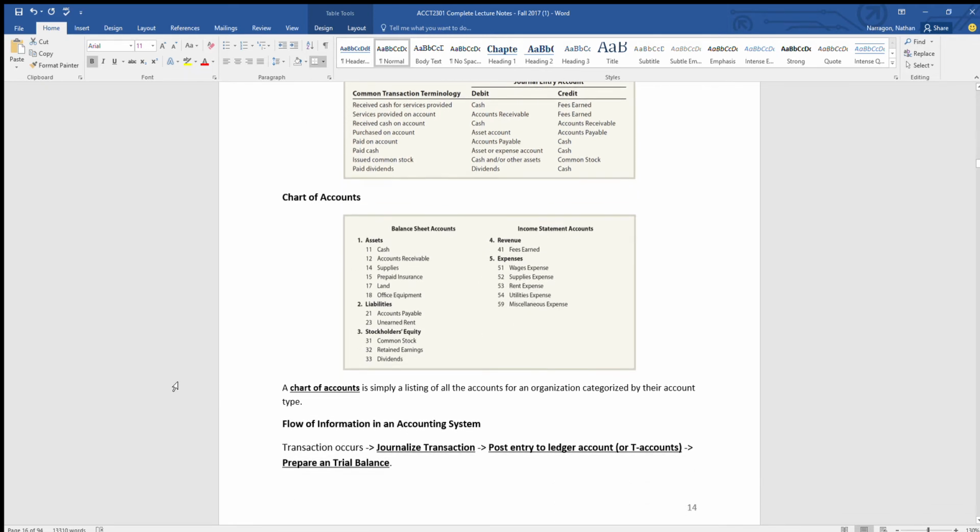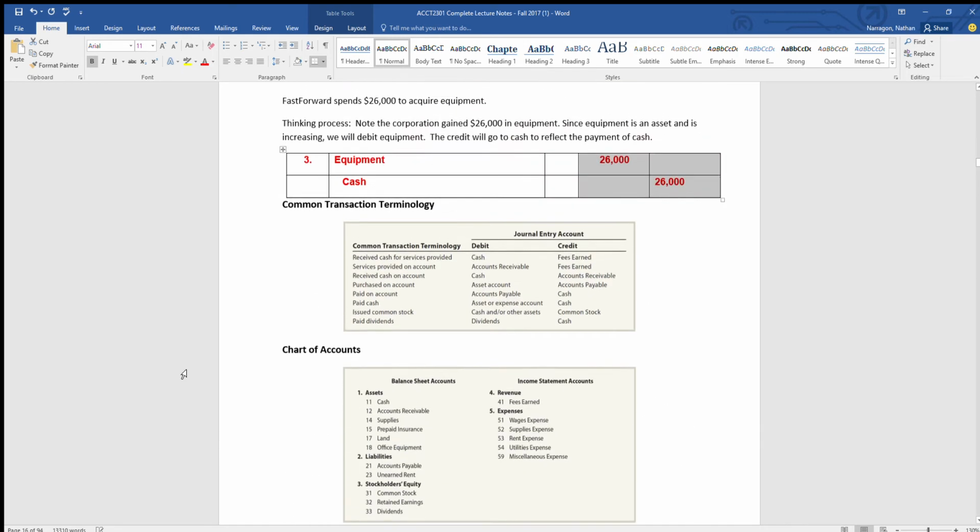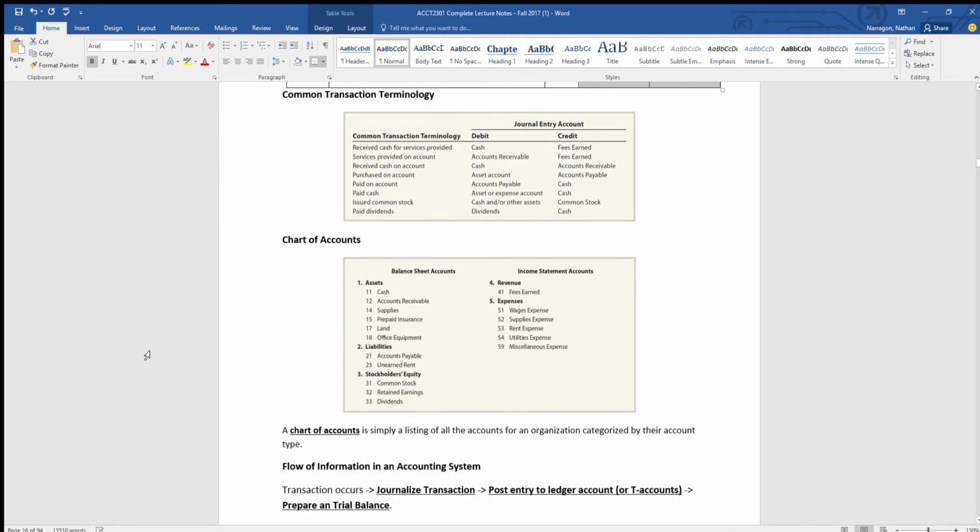Okay. So now we're starting to get into kind of our flow, you can say, of how the accounting cycle works. The accounting cycle starts off with some kind of transaction occurring, some action that happens. The next section is actually journalize, which we're doing right here.